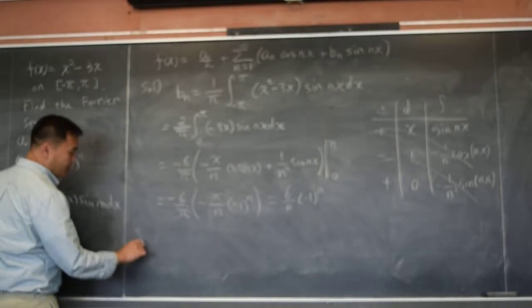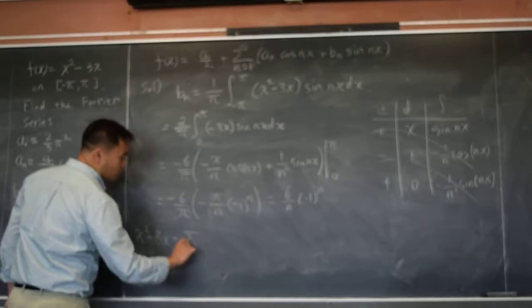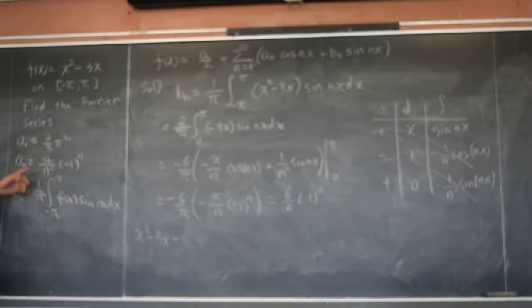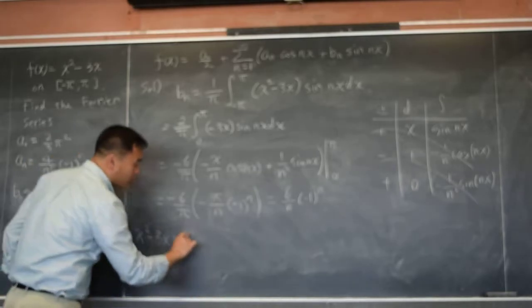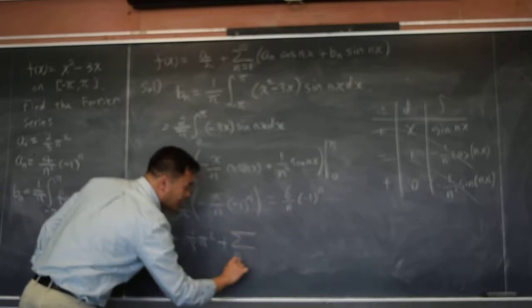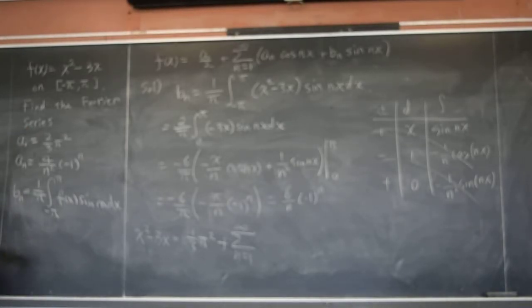We're saying that x squared minus 3x is equal to a0 over 2. So we're taking half of this. What's half of this? 2 will cancel, and you're going to get 1/3 pi squared plus sigma n from 1 through infinity. And then I have to put an times cosine nx. This is our an, right?